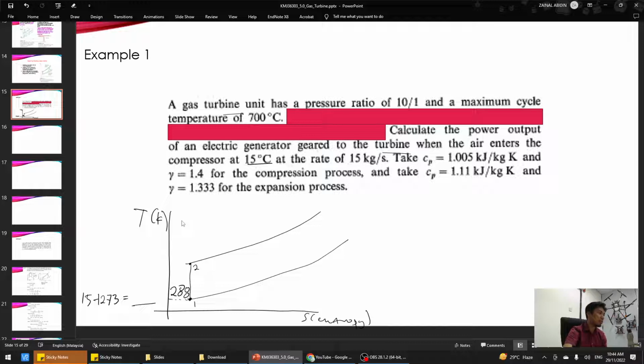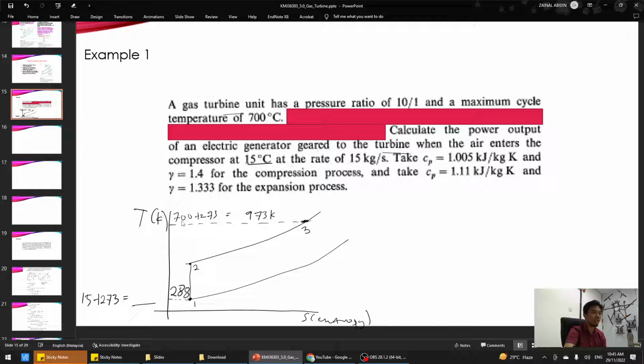The process number 3 is somewhere here. Given in the question, the maximum cycle temperature is 700 degrees Celsius, so 700 plus 273 equals 973 Kelvin.